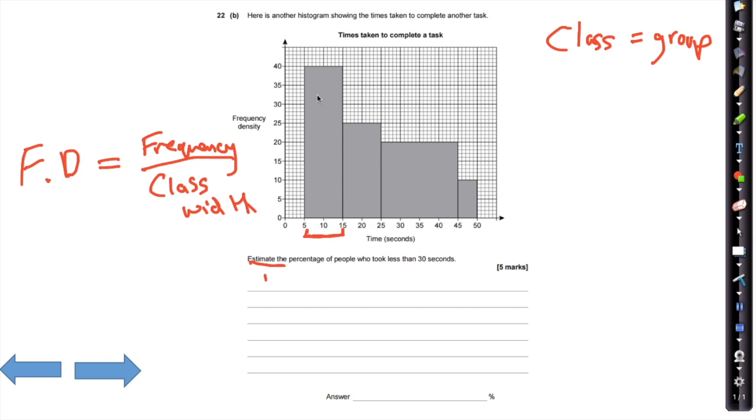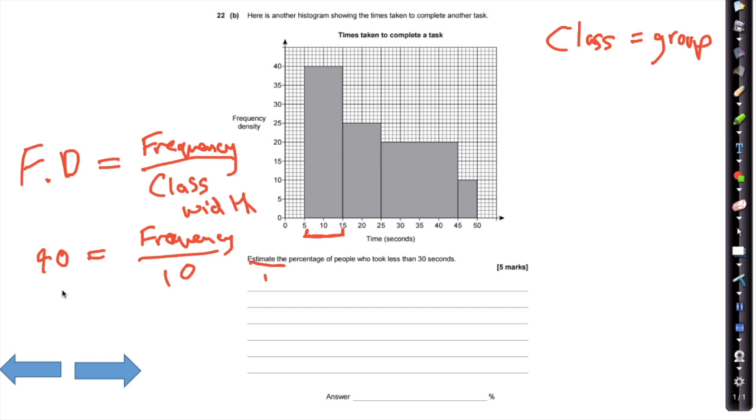So our frequency density, which was 40, is the frequency, which we don't know yet, divided by the class width, which we do know, which is 10. So how would we find the frequency, so how many people are in here, is by multiplication. We get rid of a fraction by multiplying by what's on the denominator, so what's on the bottom.